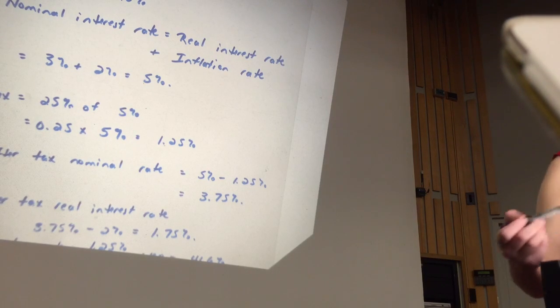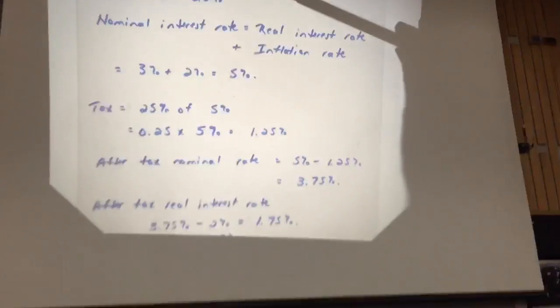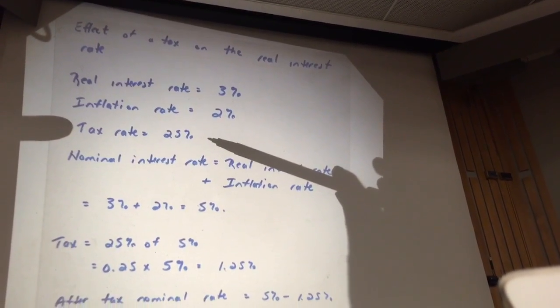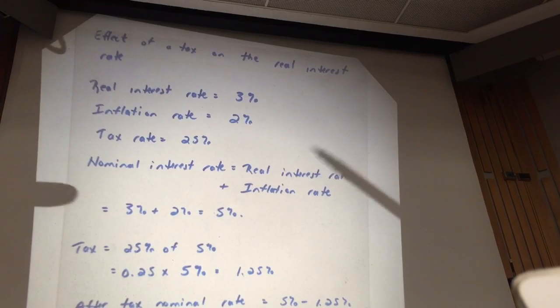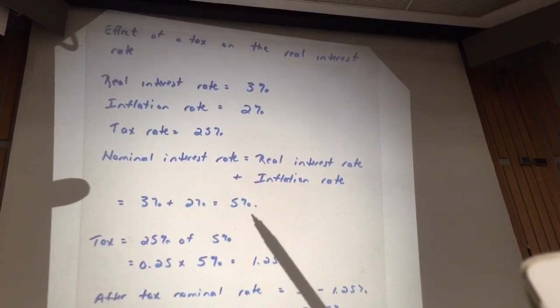Okay, here we go. I'm making 3% on my investment, the inflation rate is 2%, and the tax rate, according to the government, is 25%. Government is going to tax nominal interest. Nominal interest is the sum of real interest plus inflation. 3 plus 2 is 5.